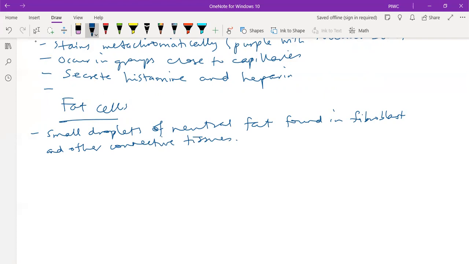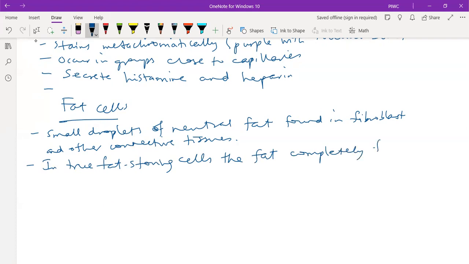So in the true fat storing cells, the fat completely fills the cell.